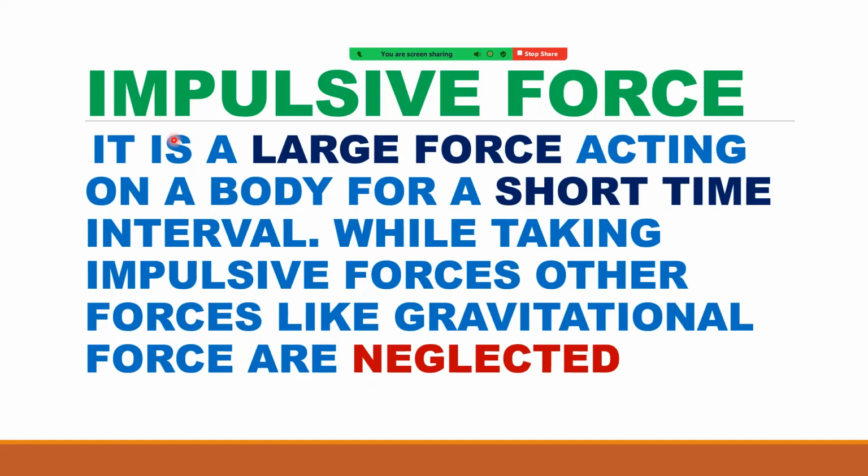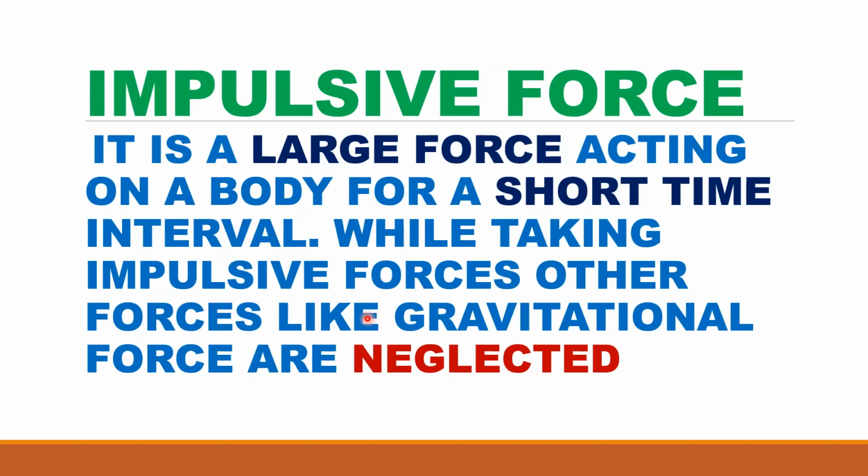Impulsive force. It is a large force acting on a body for a short time interval. While taking impulsive forces, other forces like gravitational forces are neglected. For example, a cricket ball is touching the cricket bat. You can see the time of contact is very small.